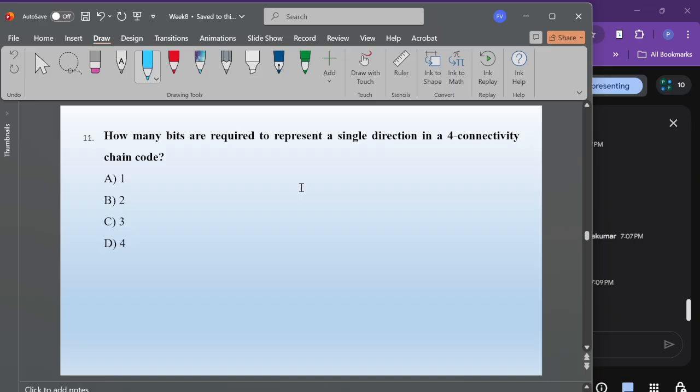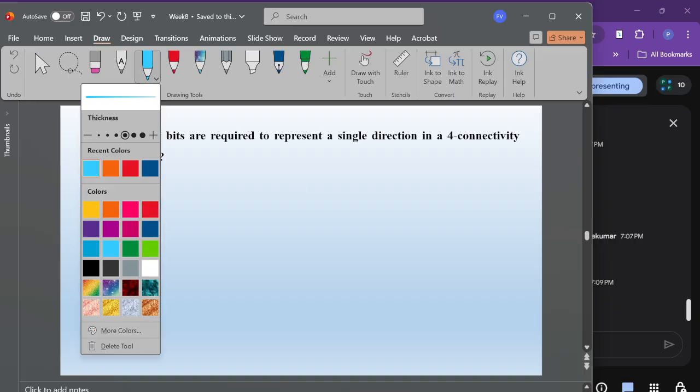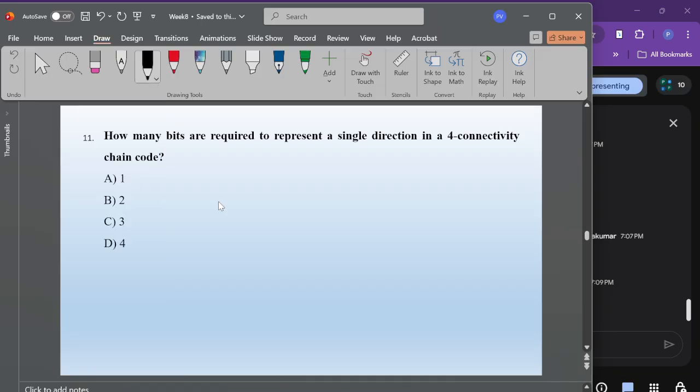So our next question is, how many bits are required to represent a single direction in a four connectivity chain code? So how many bits are required to represent a single direction in a four connectivity chain code?